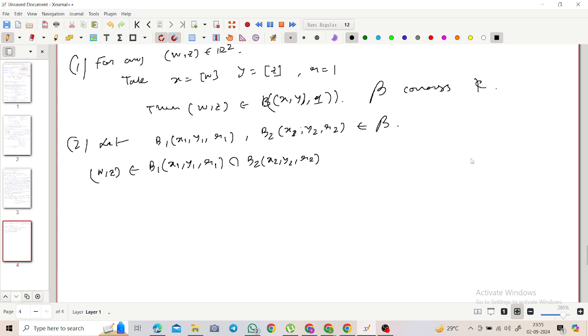So suppose this is a ball, this is a ball, here we have taken some (w, z). This is my B1, this is my B2. This length is r1, this length is r2.